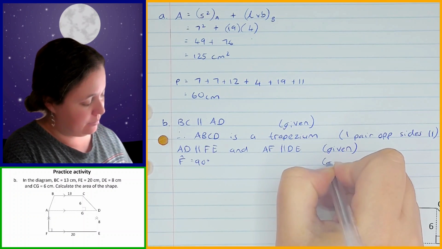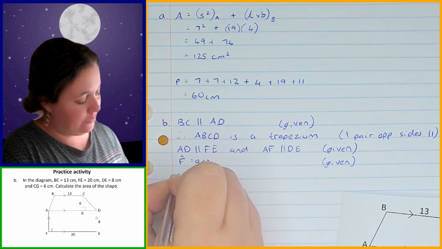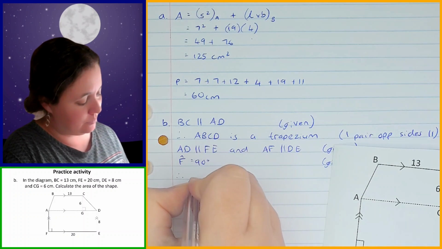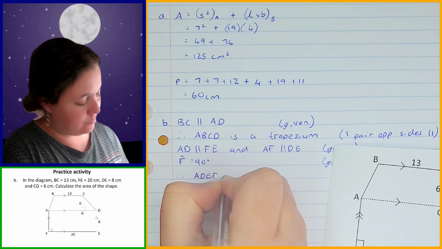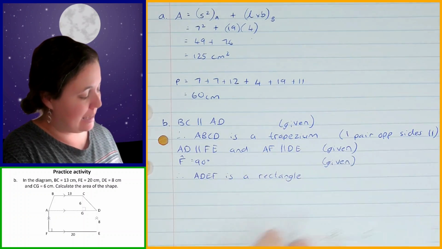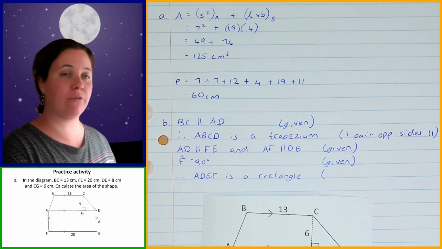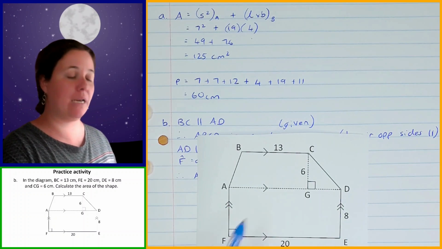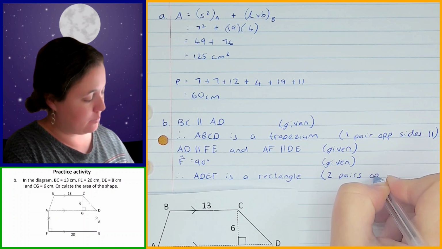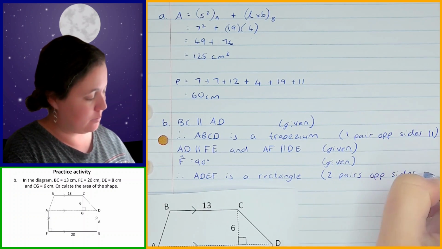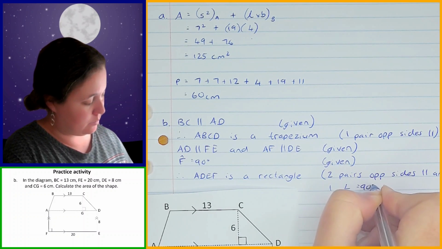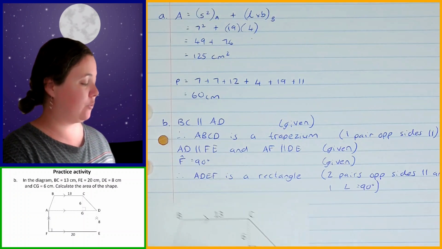That's also given. So therefore, this quadrilateral ADEF is a rectangle, and I know that because I've got two pairs of opposite sides that are parallel with one 90-degree angle.